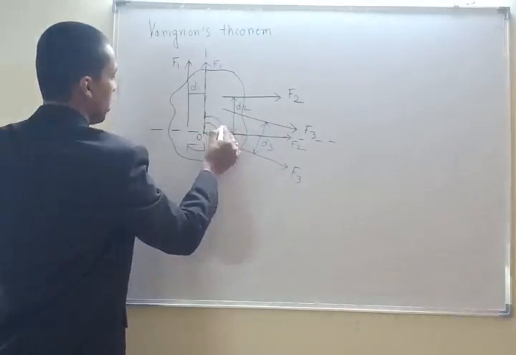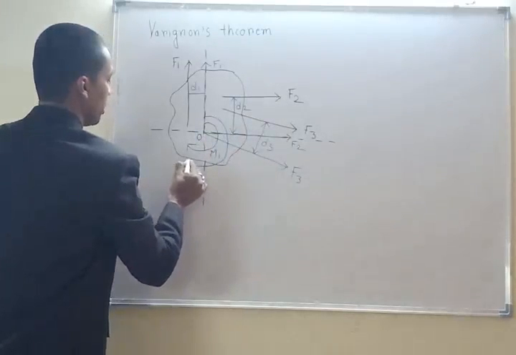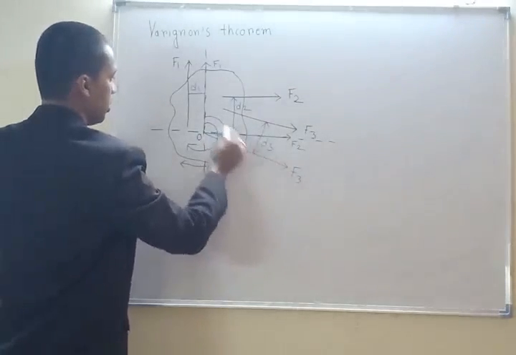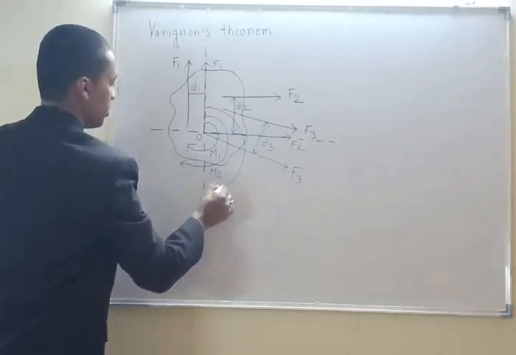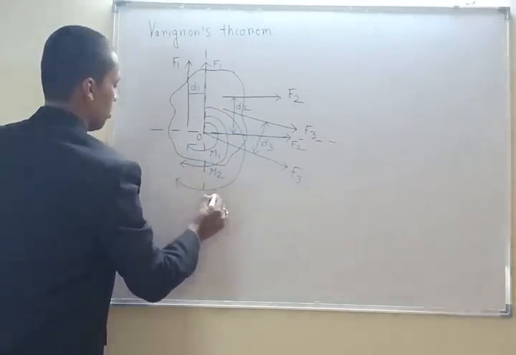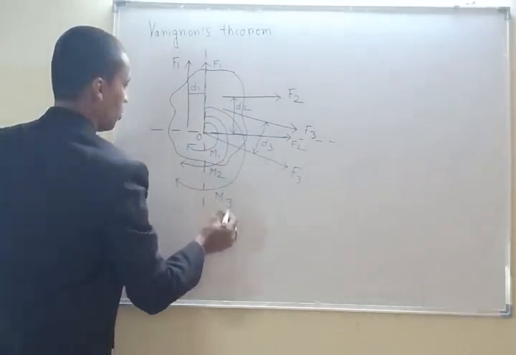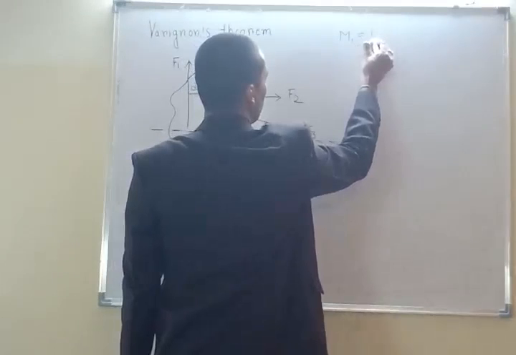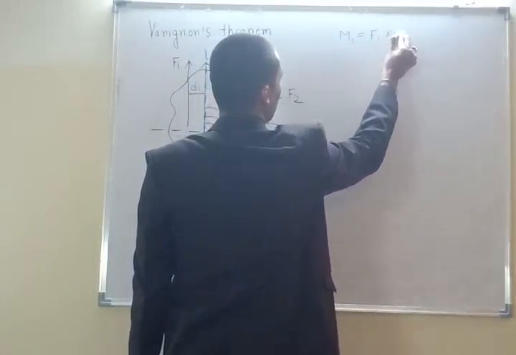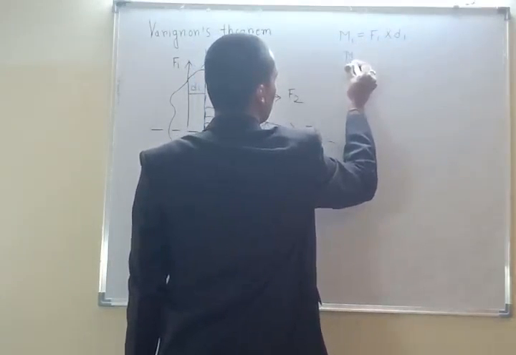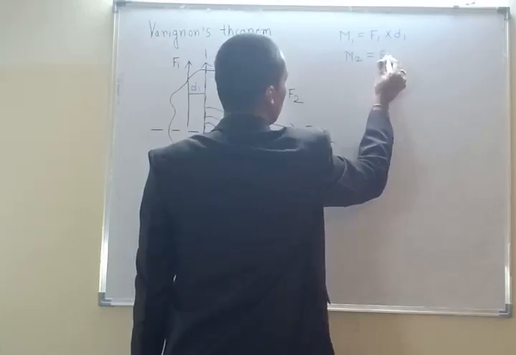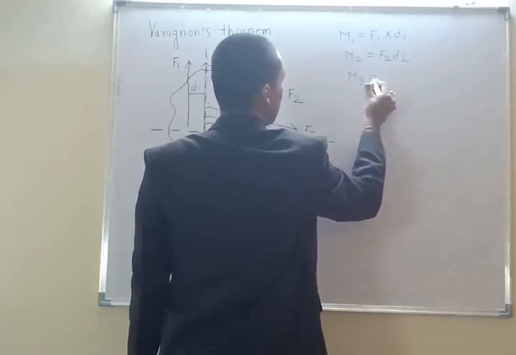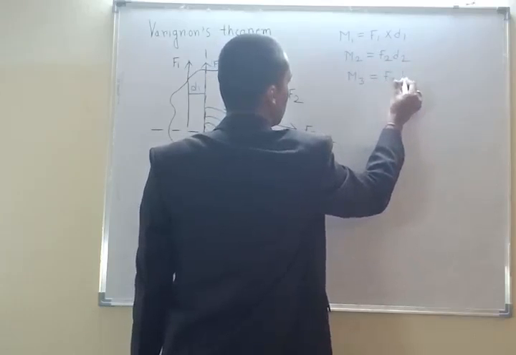The moment at this point is going to act like this, M2. The moment of this force is going to act like this, M3, where M1 is equal to F1 into D1, M2 is equal to F2 D2, M3 is equal to F3 D3.